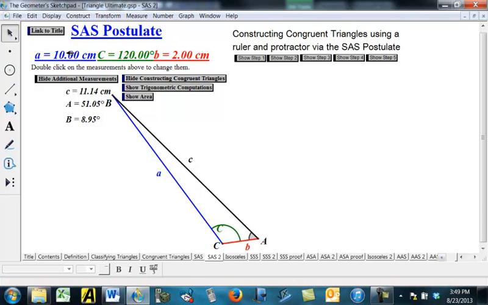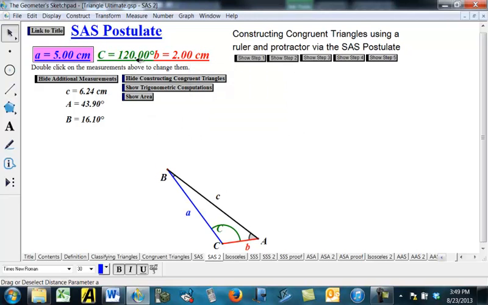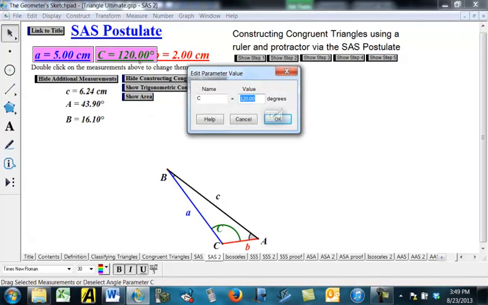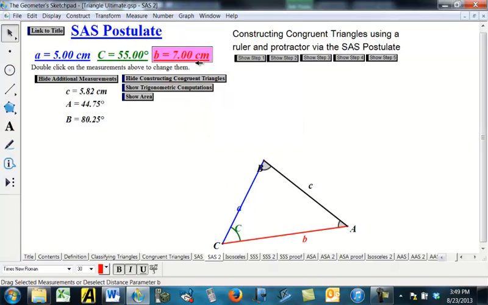So you can experiment with this yourself, and we can change these values to anything we want. Let's say we want that 5. Suppose we want this to be 55 degrees, and suppose we want B to be 7 centimeters. Okay, and now all of a sudden we have it, and it computes the other measurements for us.